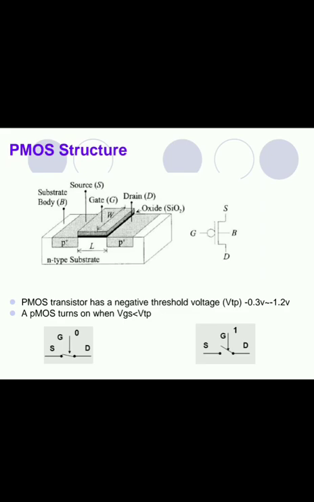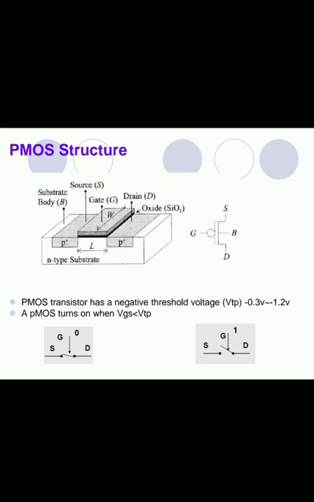Now we are again supposed to measure the length and width of the channel, meaning the length between your drain and source and the full width there. After that, if we are giving a negative power supply, because the PMOS transistor has a negative threshold voltage, that is from minus 0.3 volt to minus 1.2 volt.